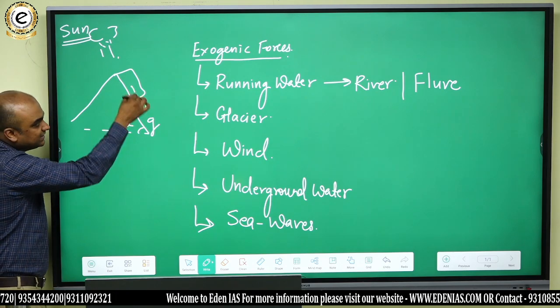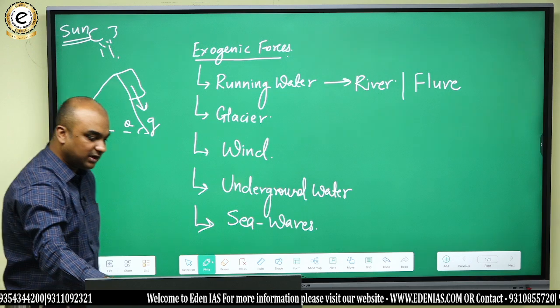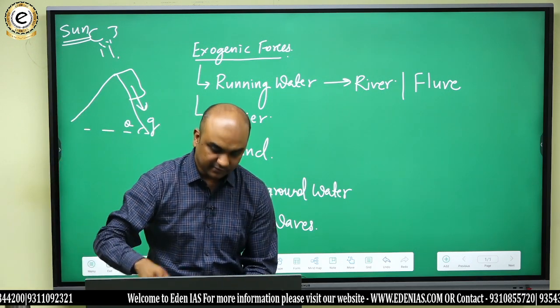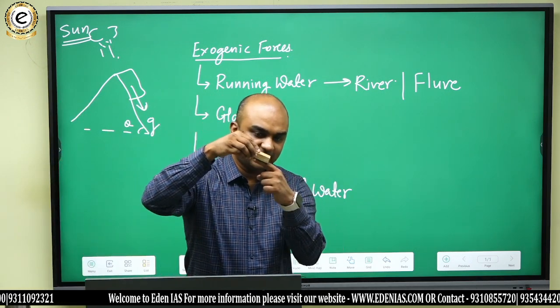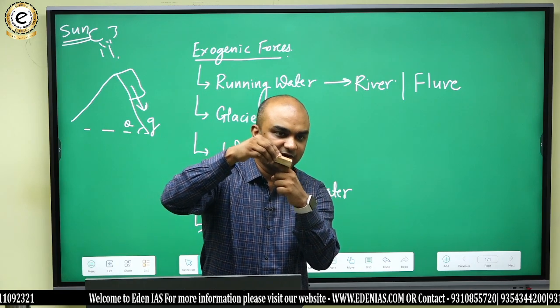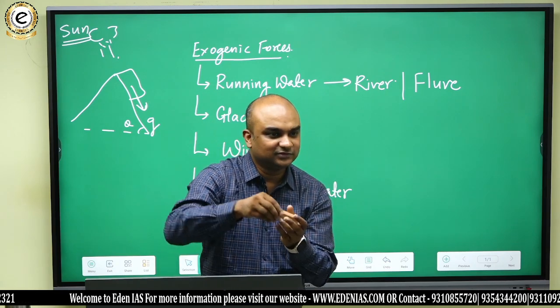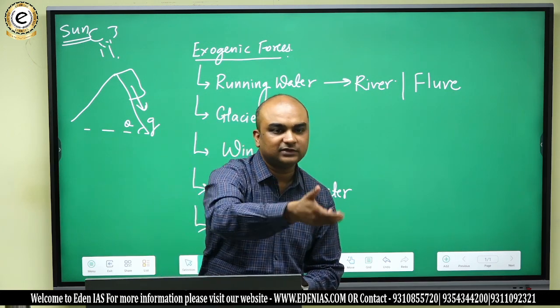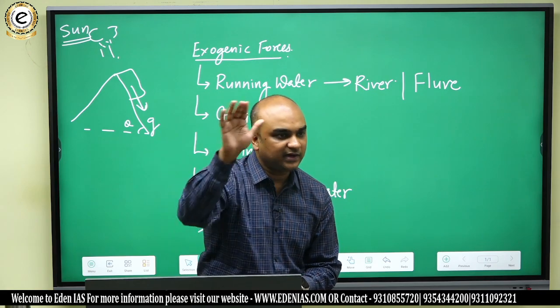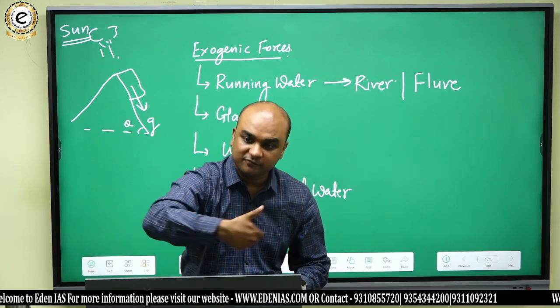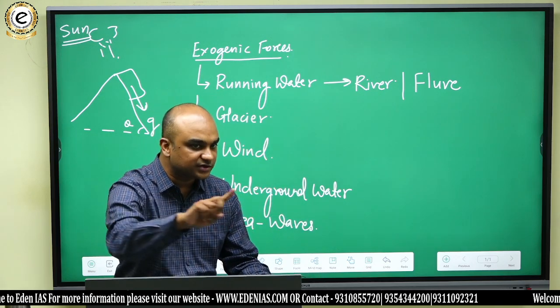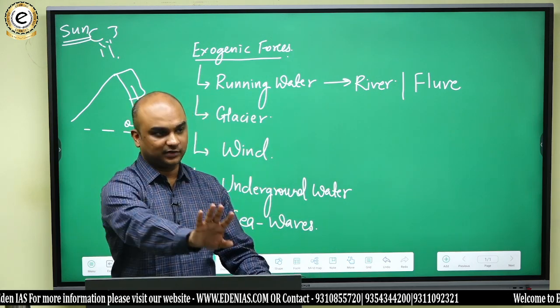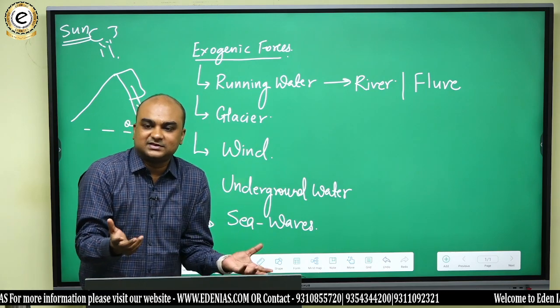So as the glacier comes down, hurling down, now think of this. Glacier, as it moves down, you can understand it has a weight of its own. So as it moves down, it scoops some of the material out of the slope, and in that way it eats up the slope with the passage of time, and thus reduces the slope over a period of time. Do you understand that?